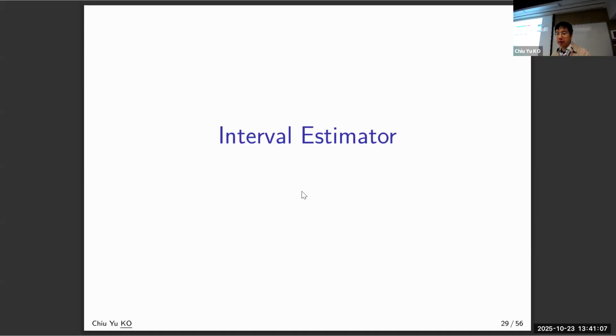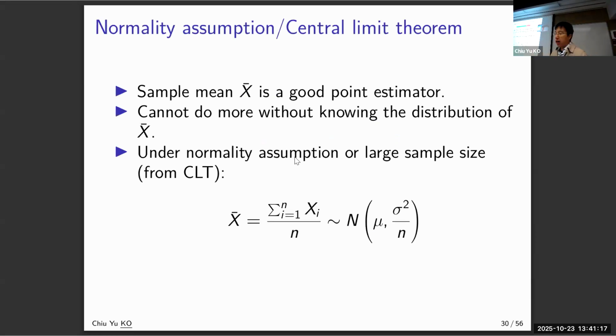So when we have the point estimate, we go to the interval estimator, which I will slow down a little bit because I think this is one of the difficult parts in this class as well. So we focus on the sample mean because that is the easiest thing to look at.